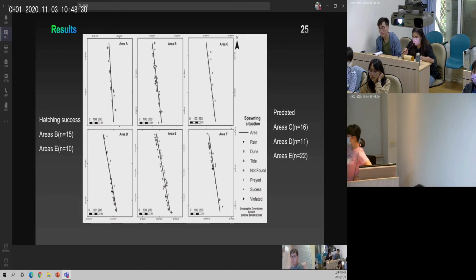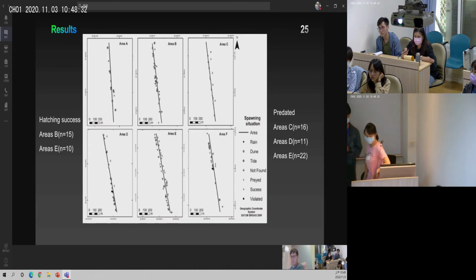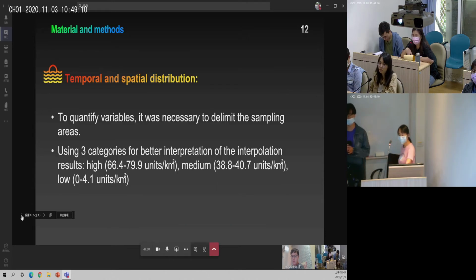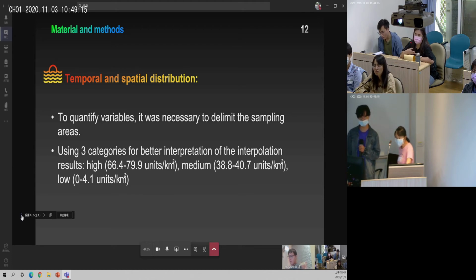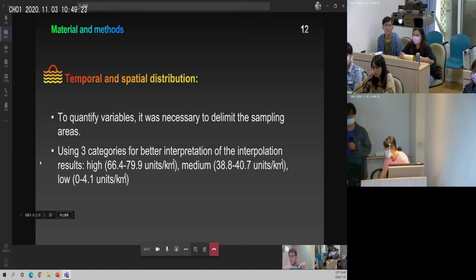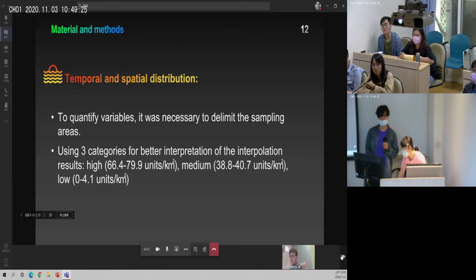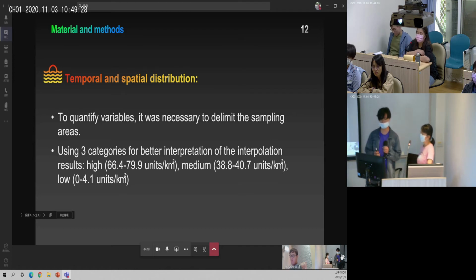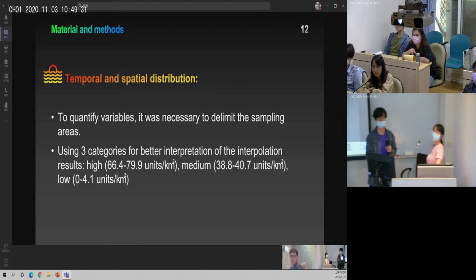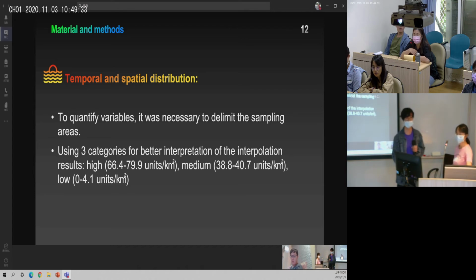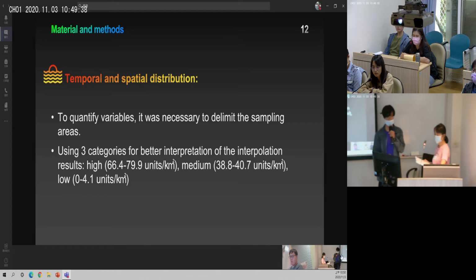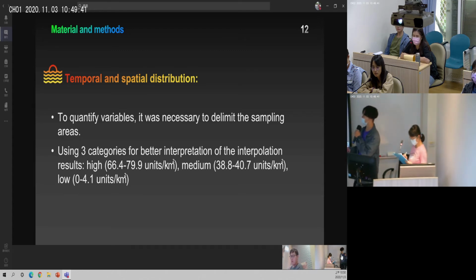Okay. Could you go back to page 13? In high, medium and low, how did you calculate this unit and kilometer?